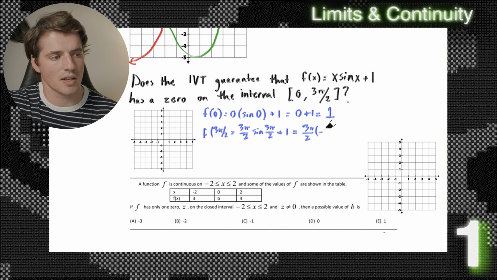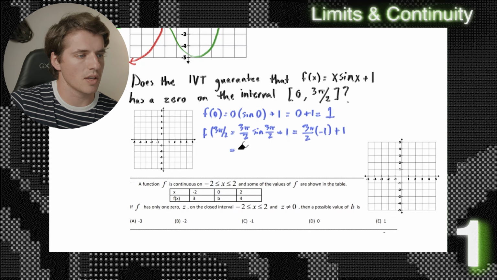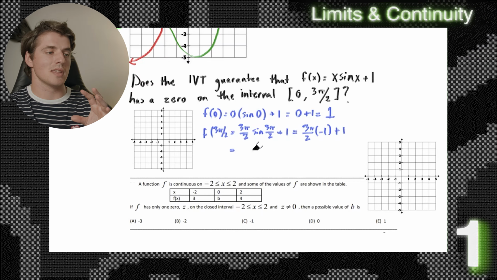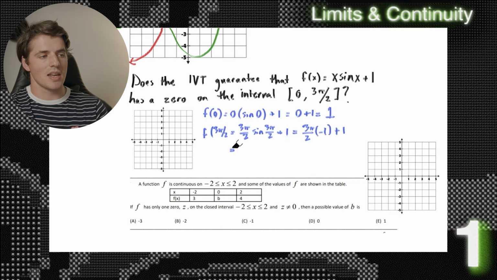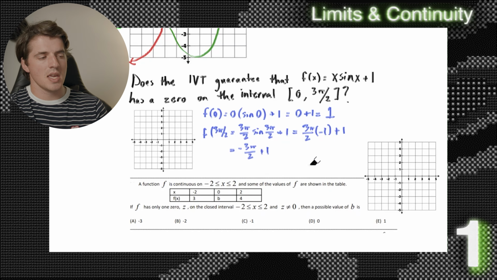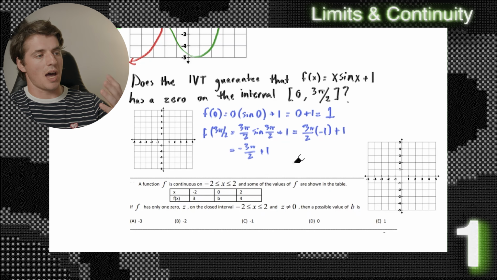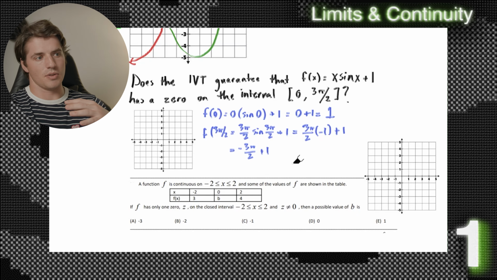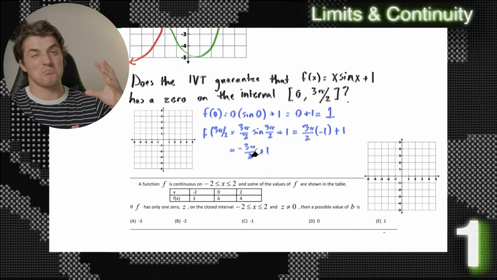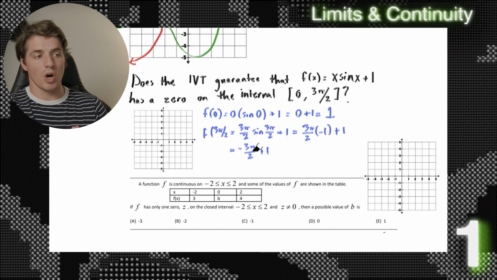So 3 pi over 2 times -1 plus 1, which is -3 pi over 2 plus 1. And -3 pi over 2 is further away from 0 than pi. If pi is 3.14, this is maybe like -4.5, something like that. But it's certainly bigger than 1.